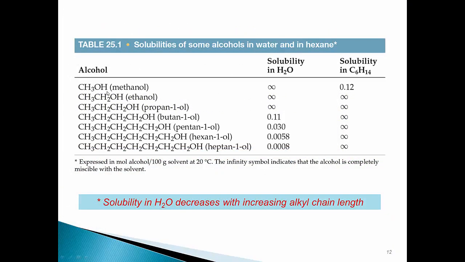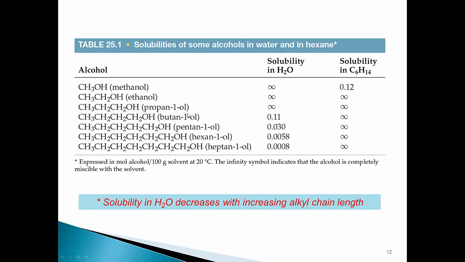Let's look at some examples of alcohols. Starting at our more simple alcohol is methanol, and as we're increasing our carbon chain, we end up with heptan-1-ol as the largest one. So let's have a look at the solubility. We've got solubility in water, which is a polar solvent, and we've got solubility in hexane, which is our non-polar solvent. Looking at methanol, it's very soluble in water and not very soluble in hexane.